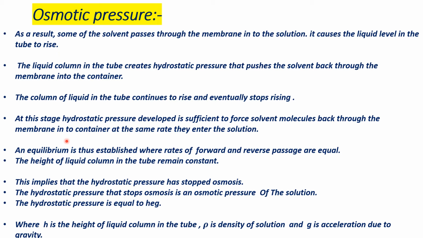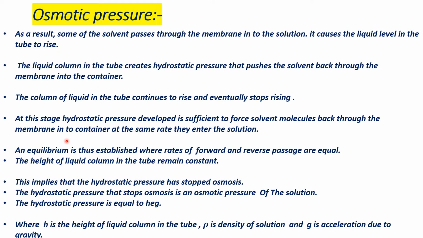An equilibrium is thus established where the rates of forward and reverse passage are equal, and the height of the liquid column in the tube remains constant. Hence, this implies that the hydrostatic pressure has stopped osmosis.